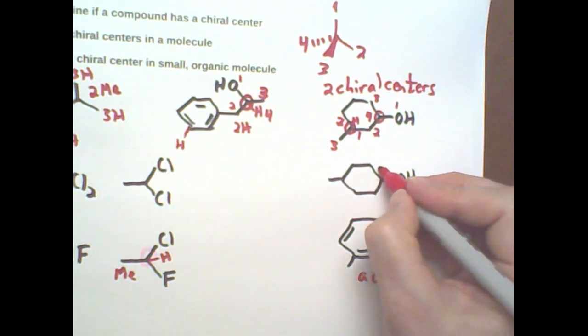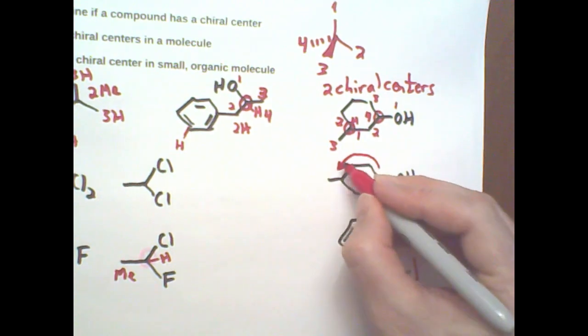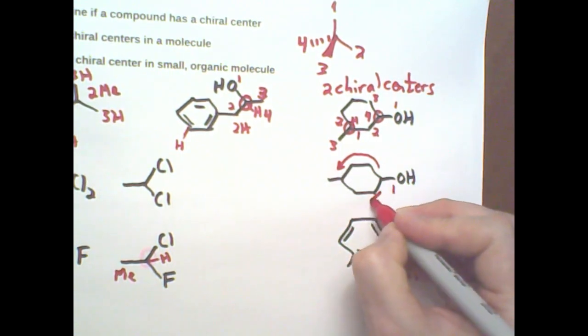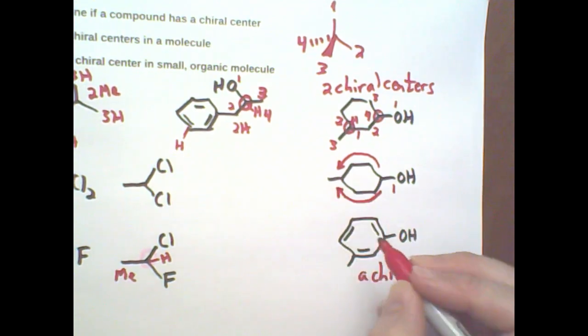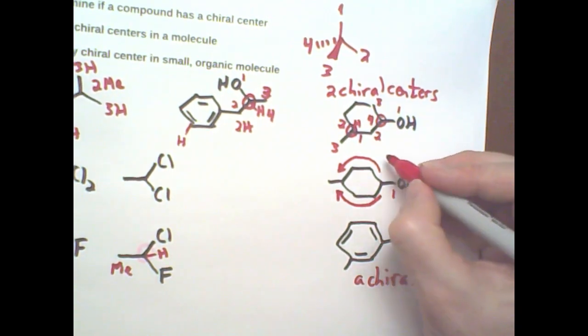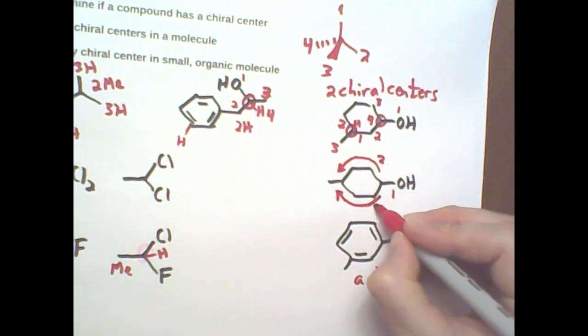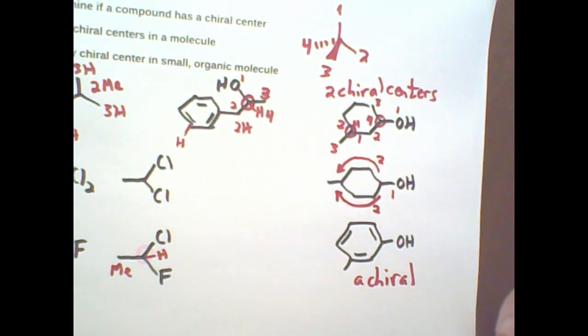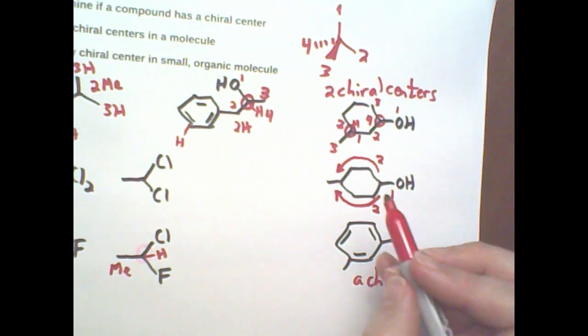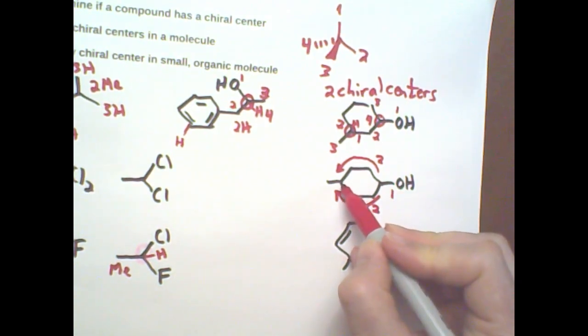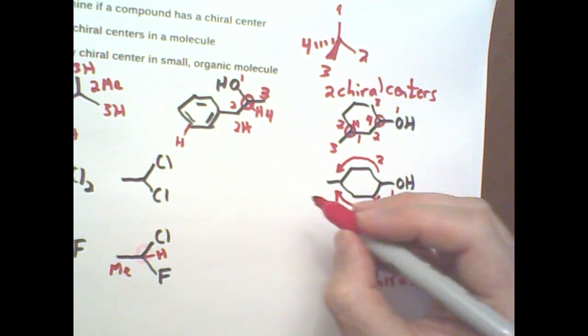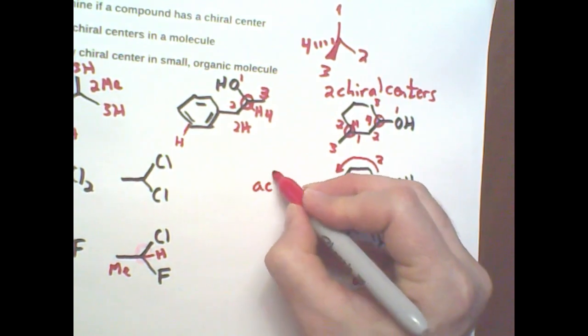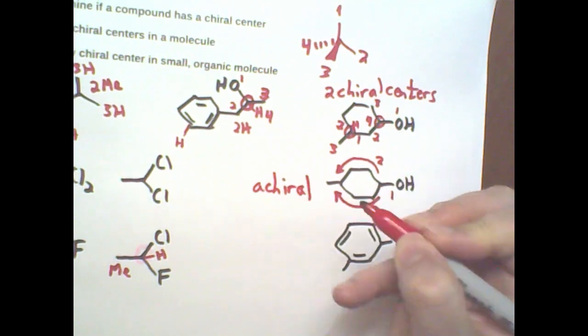Our second group, we start going around this way, and it's identical to going around in this other direction. So these, we can't tell them apart, and this is not a chiral center. And the same would be true over on this side. So this second molecule is achiral.